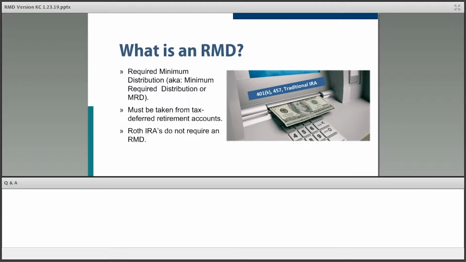Essentially, the reason for a required minimum distribution is the government now wants you to start withdrawing those pre-tax dollars that you have saved. And as you withdraw them, they are then taxable income. And so that's why it's not required on a Roth IRA, because you've already paid the taxes on that money, and so there are no taxes due when you withdraw that.